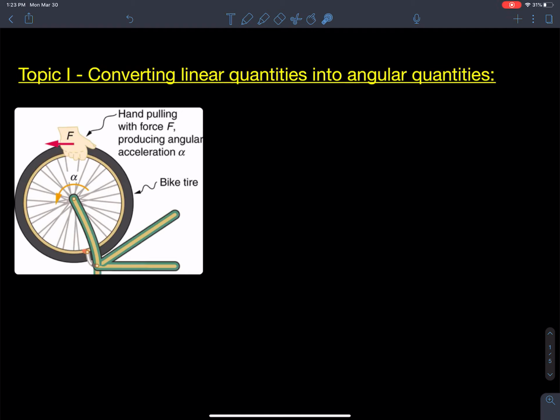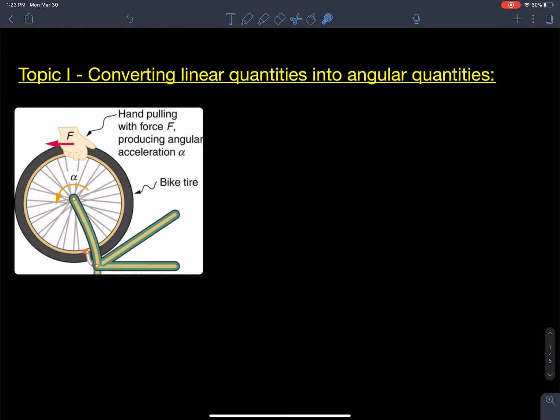So we have different ways of describing the motion of a circular object. If I try to describe the linear motion, like for example, this point on that object moving, it's going to be a blur. It's going to be really hard to see and hard to measure. But I would be able to attach a sensor here and calculate how many times this wheel rotates, which is a lot slower and a lot easier to measure.